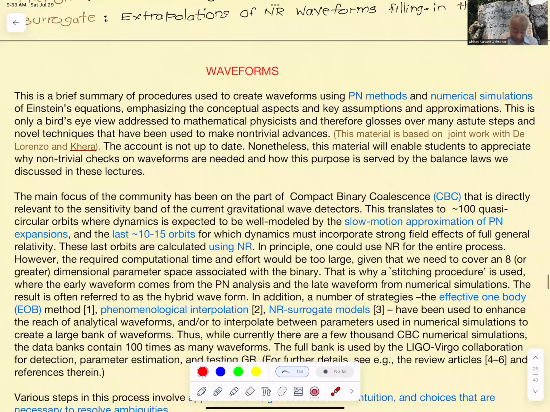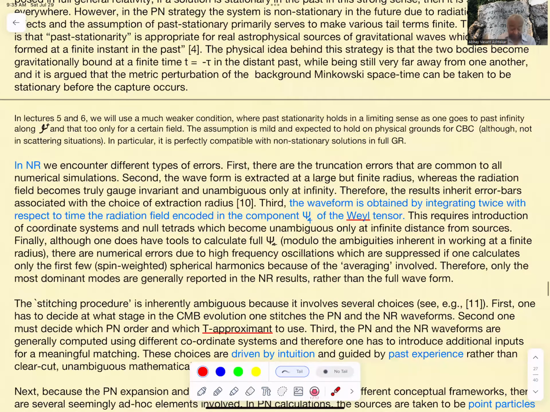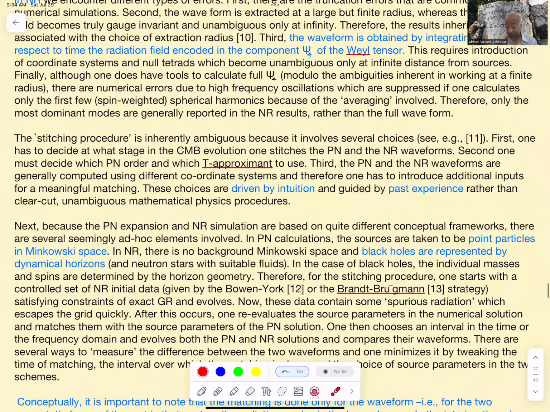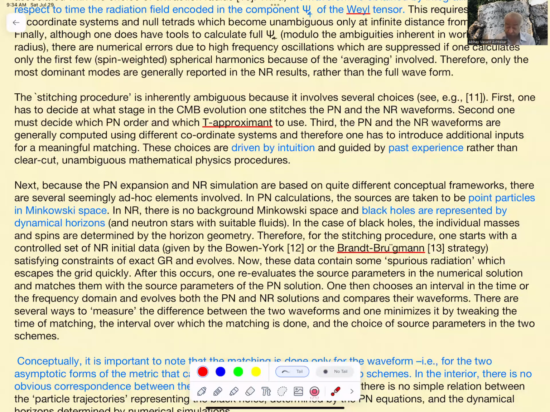And also the question is, do we do the stitching in the time domain, as I was showing just now, or in the frequency domain? Both are done, and there are advantages in going to the frequency domain. So there are choices to be made to create the final waveforms. Second, one must decide the post-Newtonian order and the T approximant to use in this waveform.